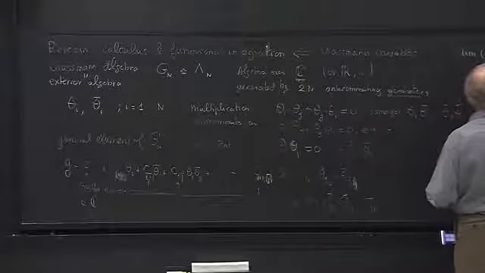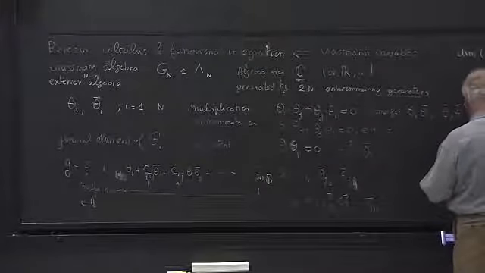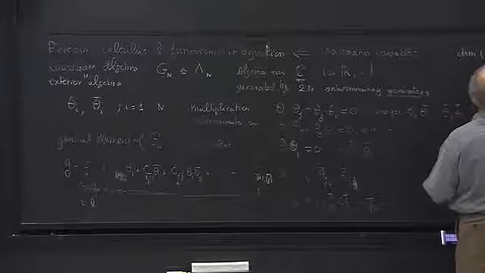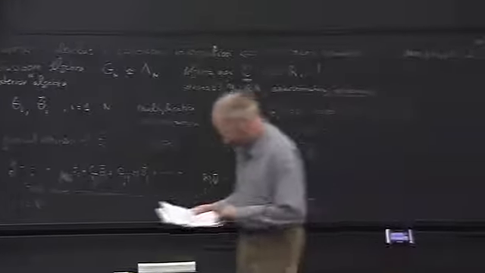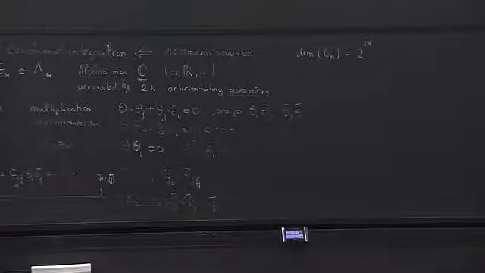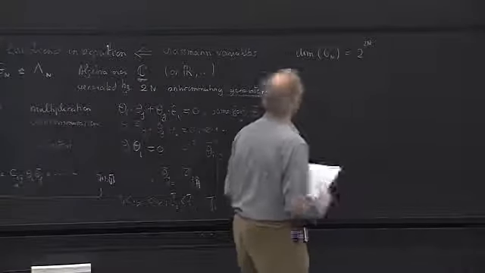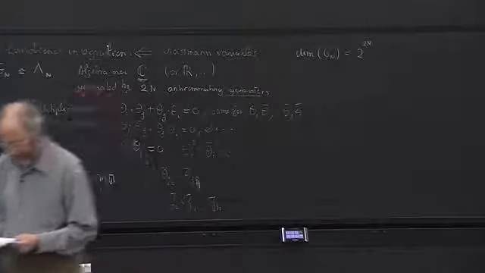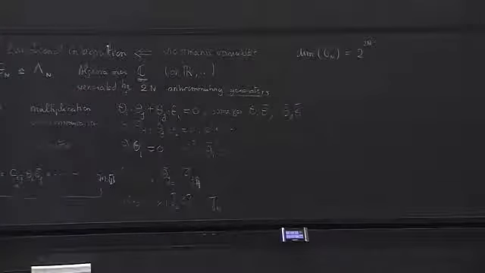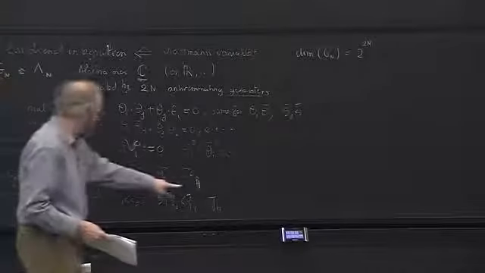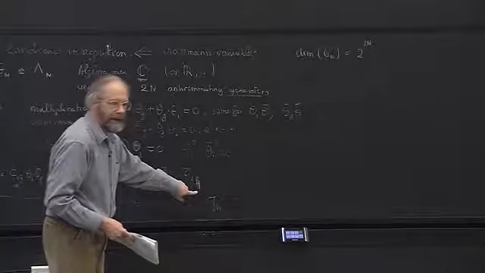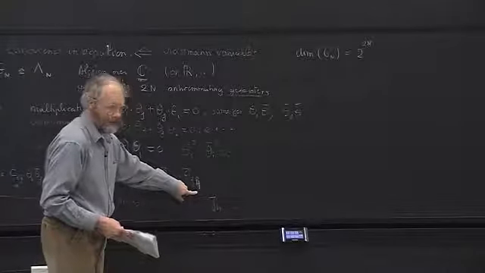Here it will have dimension 2 to the power 2n, because you may have 2 to the power 2n possible different terms.